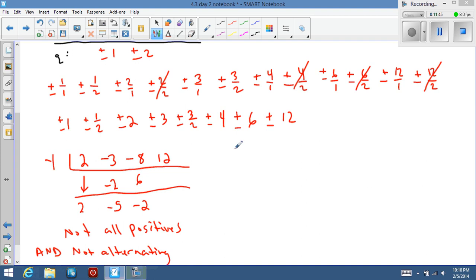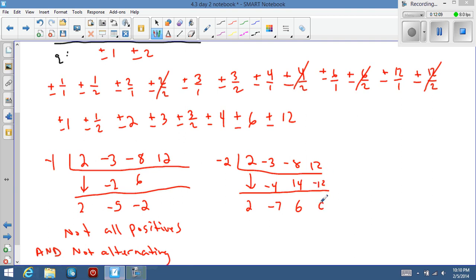If we try -2, I have 2, -3, -8, and 12. If I bring down a 2, I get -4, then I get -7, and then I get 14, then I get 6. So far we are alternating. Then I get -12, and I get a 0. So I found a 0, which is fine.